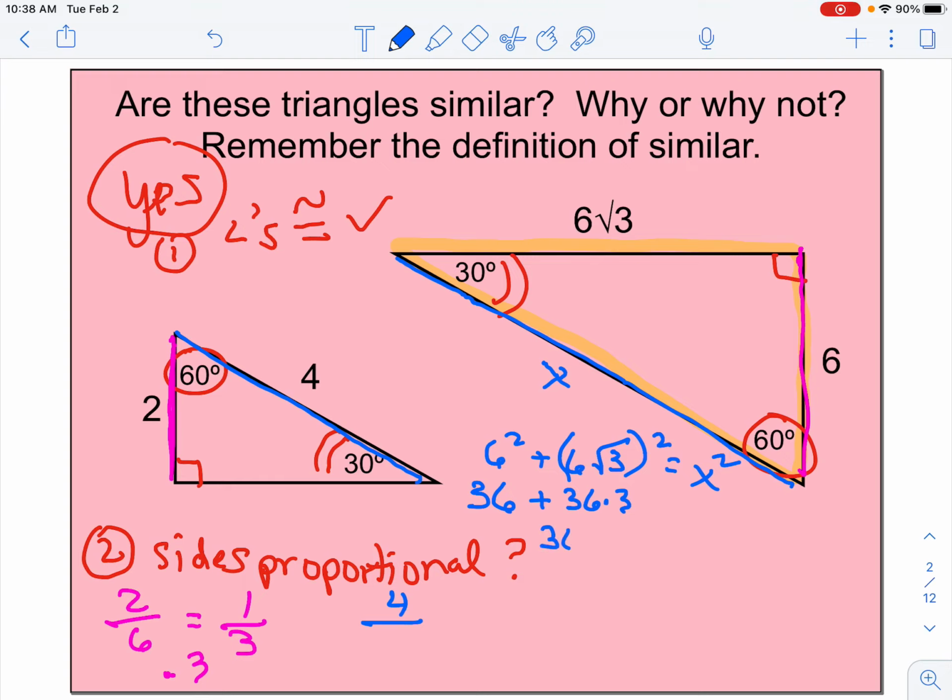So we get 36 plus 108 is equal to x squared. When I add 36 to 108, that gives me 144. When I take the square root, I get x equals 12. So this side is 12. Now when I write the ratio of 4/12, that also equals 1/3, or 0.3. So far, so good. Those two sides are proportional.